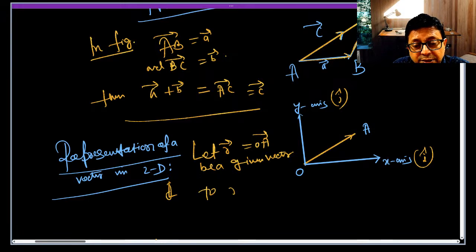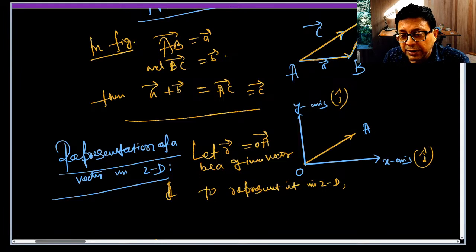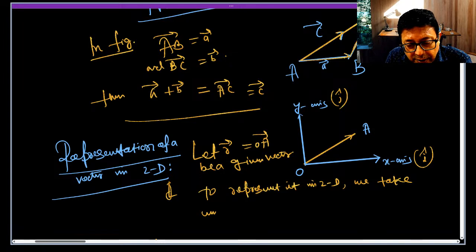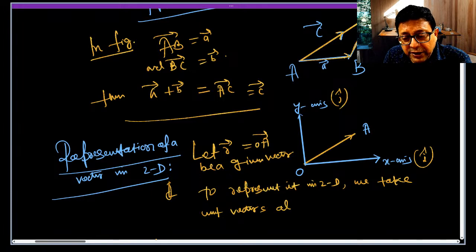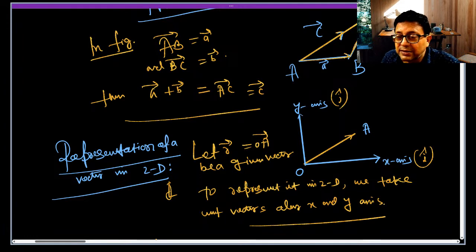To represent it in 2D, we take unit vectors along x and y axis, because I told you that in representation you cannot ignore y axis, neither you ignore x axis nor y axis.